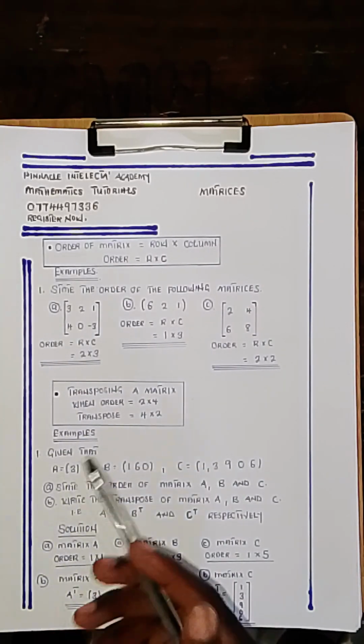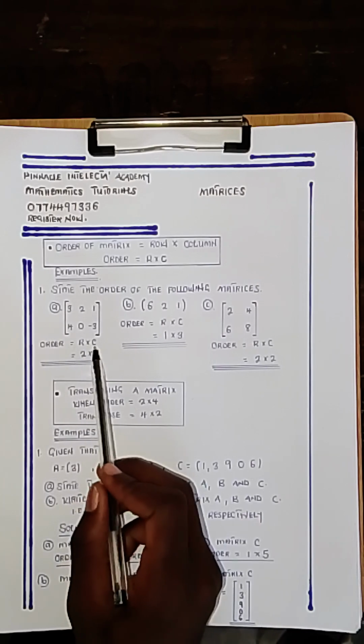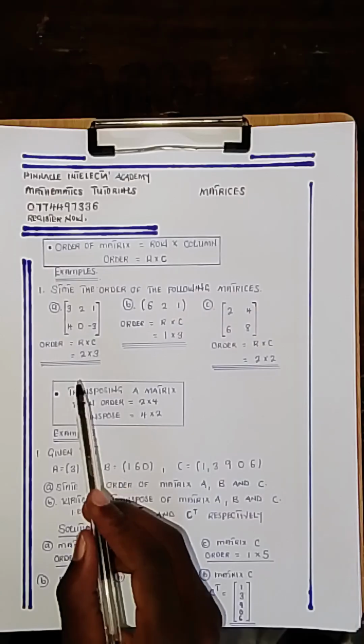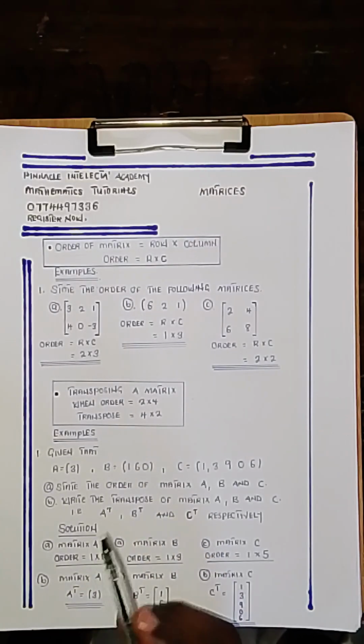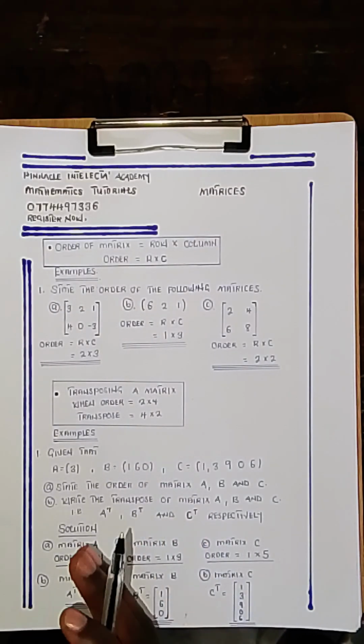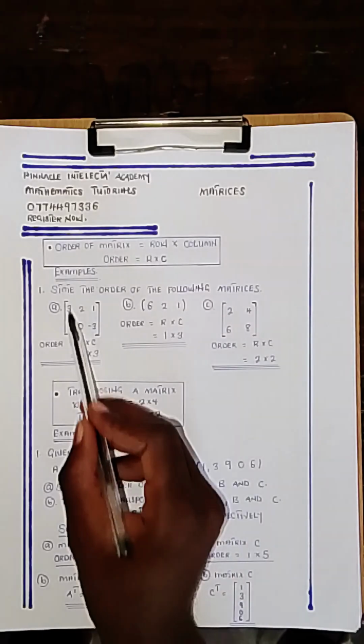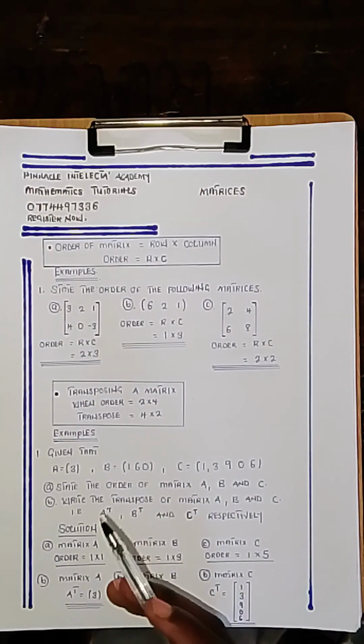The order of the matrix is given by row by column. The rows are these going this side, in this form. The columns are these which are in this form, the vertical ones. So the horizontal ones are rows, and the vertical ones are columns.